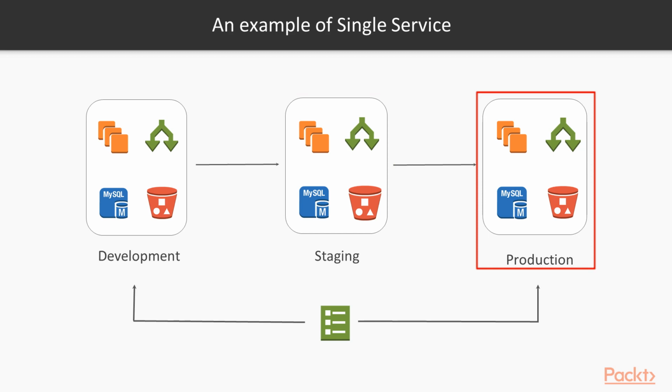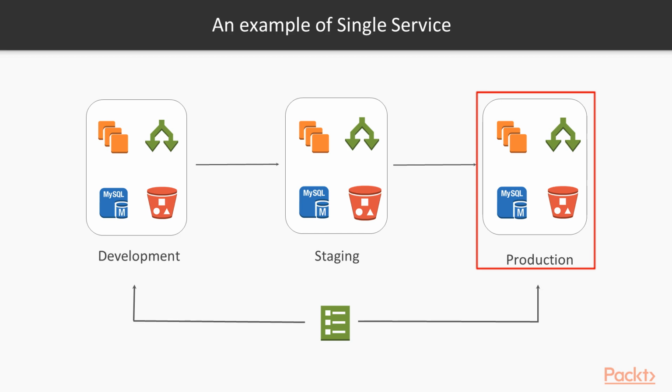So this is just an example of a single service. If you manually create the infrastructure in development, then in staging, then in production, it will be at least a waste of a day or two. And this is what the industry wants to move ahead with.